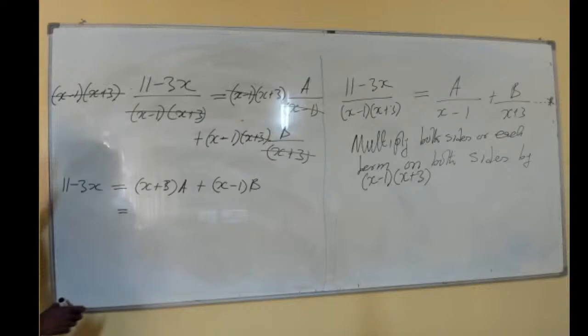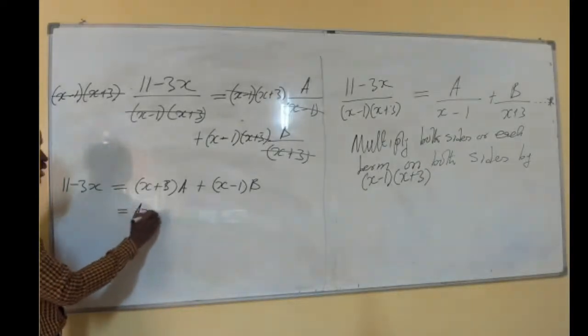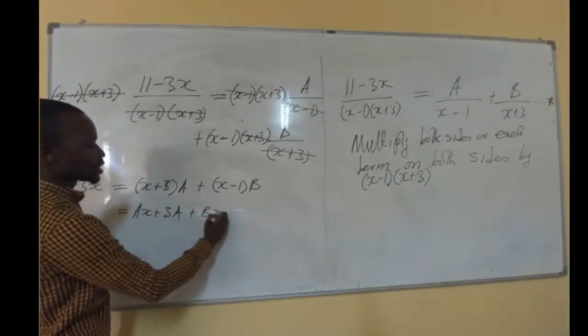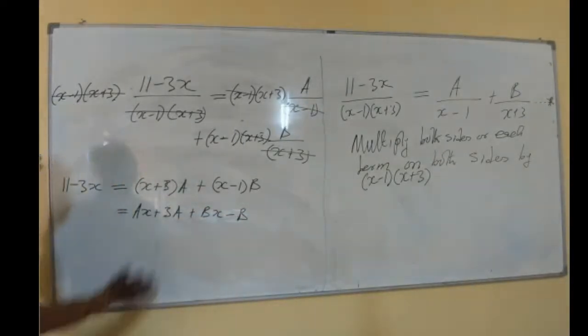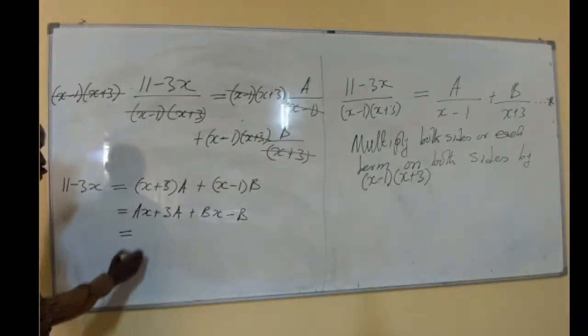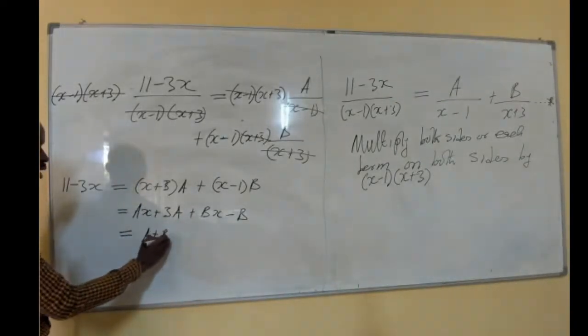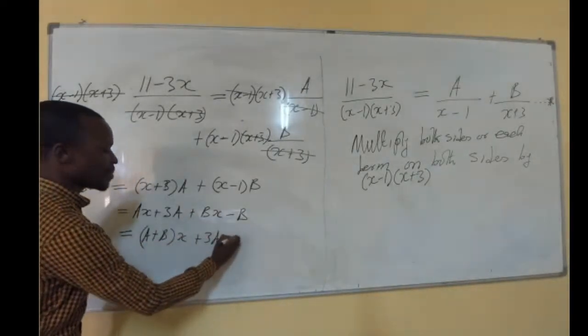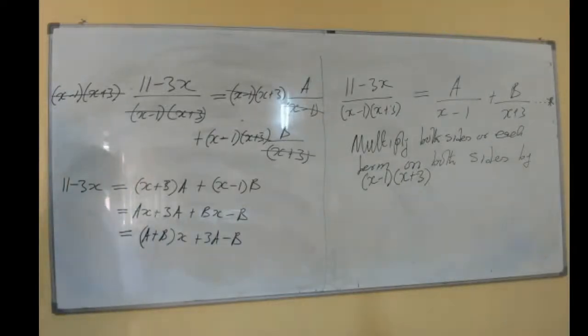Now, when you reach this stage, we expand the right-hand side, and what you're going to get is ax plus 3a plus bx minus b. When you collect the like terms, ax plus bx gives us a plus b, then x, and we also have 3a minus b. I remember when we were looking at polynomials and quadratic equations, we looked at what we call identical polynomials.